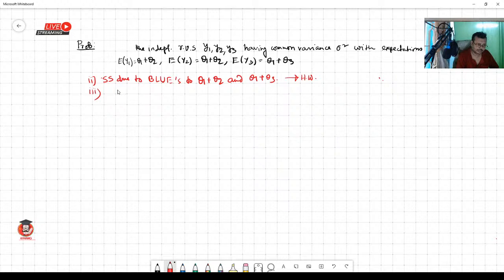Then the SS due to BLUE of theta 1 plus theta 2, the SS due to error.